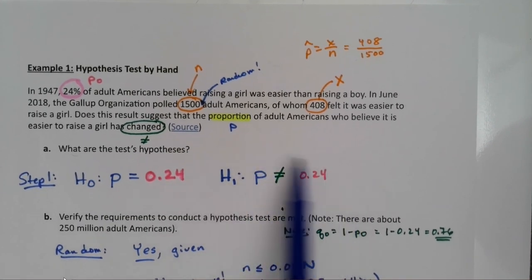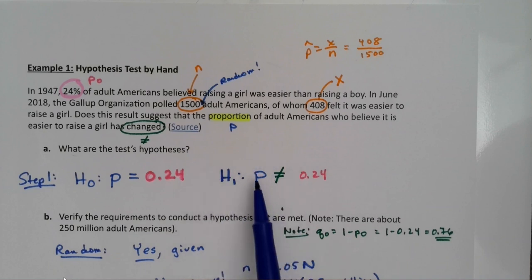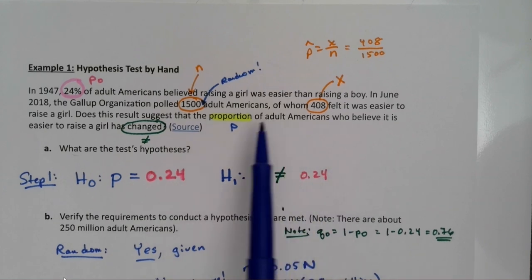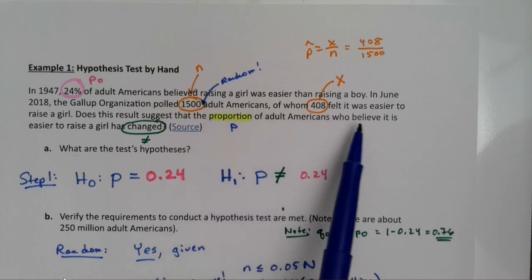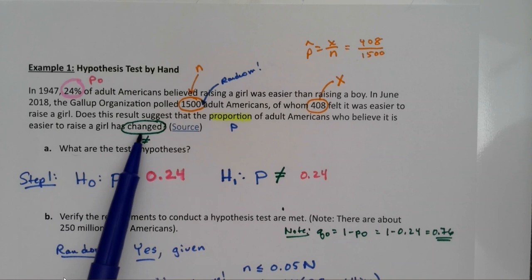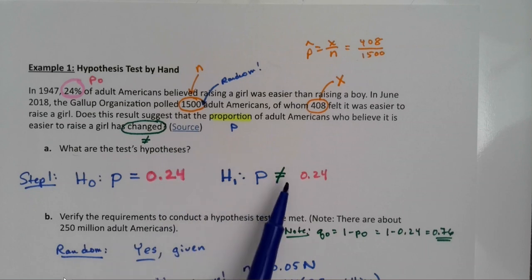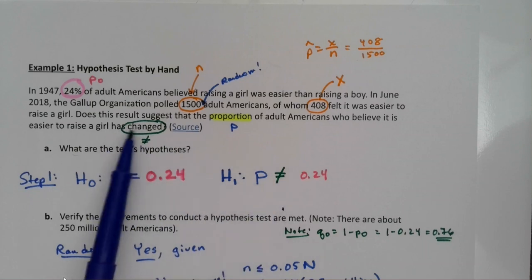The claim is always the H1, that the proportion is not equal to 0.24, but that's a little weird. Proportion of what? And it's the proportion of adult Americans who believe it is easier to raise a girl has changed. It is often with these words. Whichever words tell you it's less than or greater than or not equal to, that is frequently where the claim is. So there, that phrase is what we're going to say.